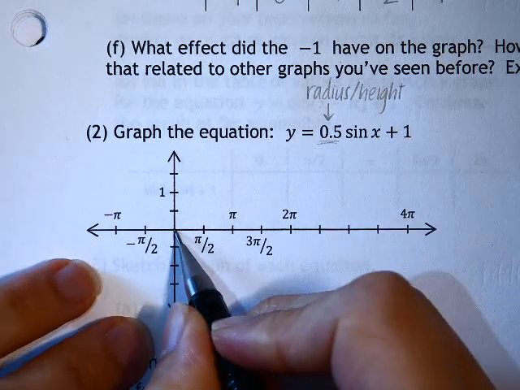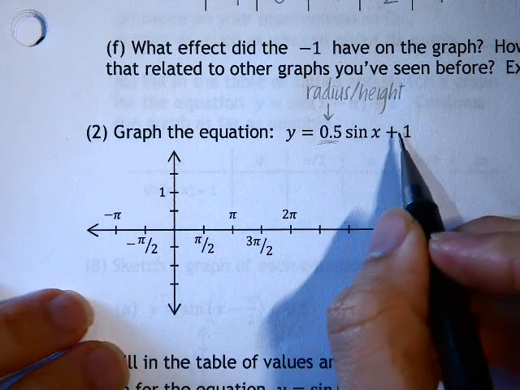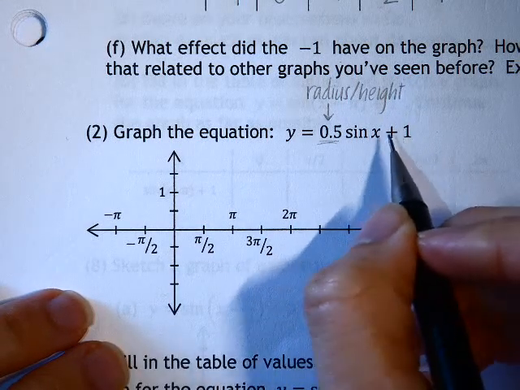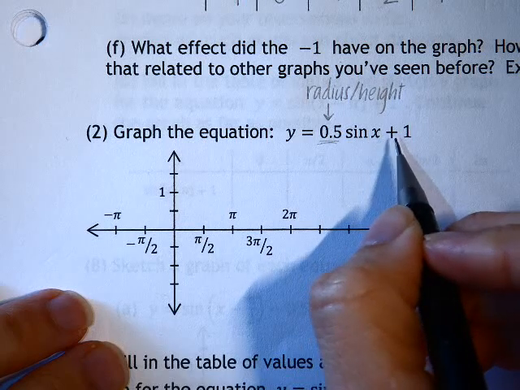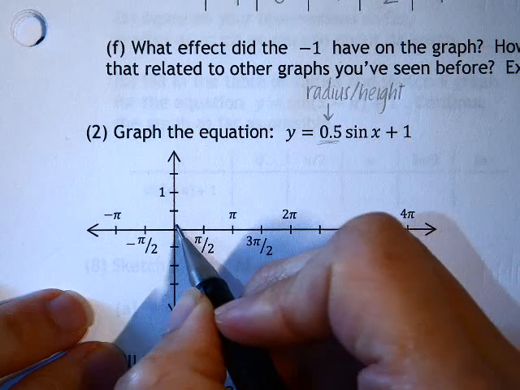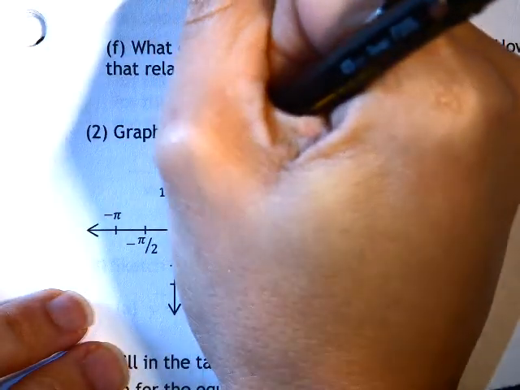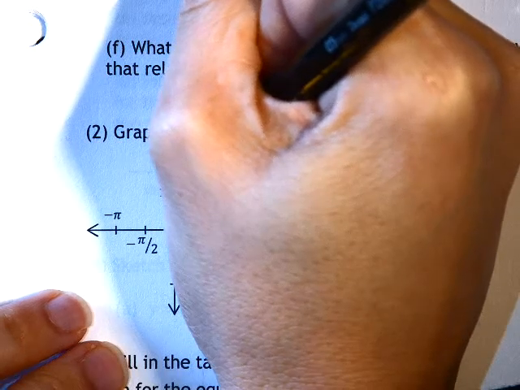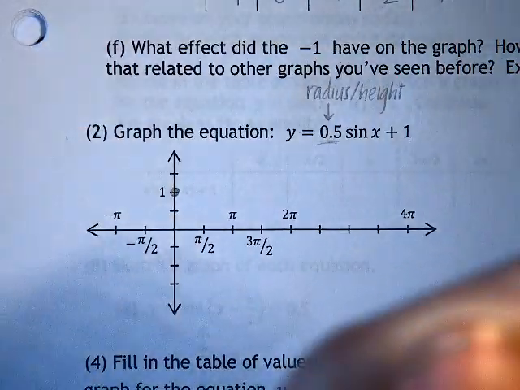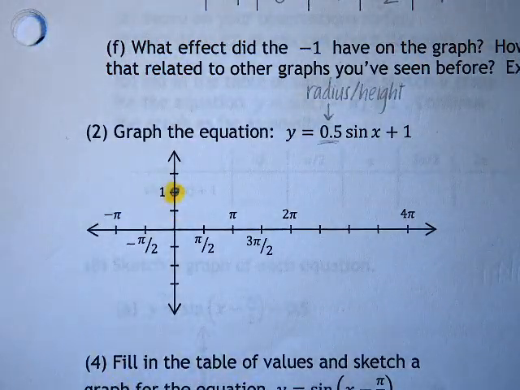By default I start at 0, 0, but that plus 1 is saying, no, shift yourself, so I'm going to shift the graph up, because it's positive, 1 unit. So instead of 0, 0, I'm going to shift up 1, and I'll make my starting dot there. You can highlight your starting dot if you want to, or you can just make a mental note that that's where you're starting.